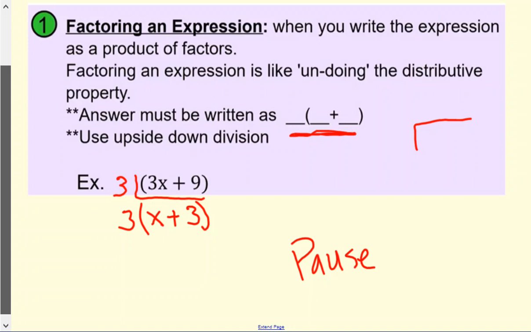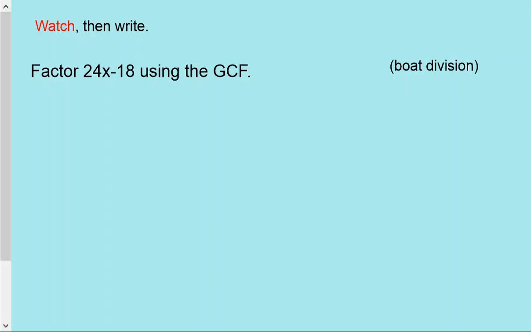Alright, so what we're really trying to do is undo the distributive property and create an expression in its simplest terms. So for this one here, I would like you just to watch, and then you can write down the example when I'm finished. In this problem, we're trying to factor out the greatest common factor. So the greatest common factor is the biggest number that goes into both of these terms.